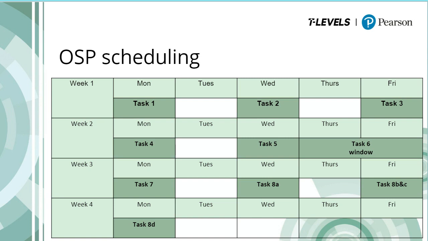But as you can see, the tasks can be spread out over 4 weeks, giving them plenty of time to break them down bit by bit, and also allow for learners who have been unwell and can't complete some of the assessments, for example, task 6, at a certain time where you've set it for everybody else, then they can undertake that at a later window.